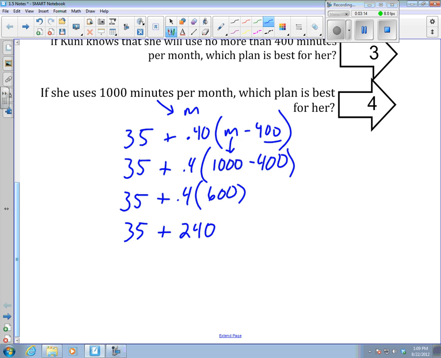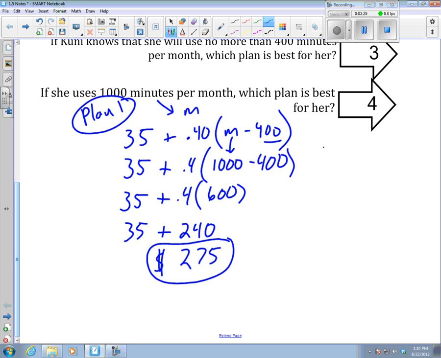So total cost is going to be $275 if she uses 1,000 minutes. This is for plan 1. I want you to figure out how much it's going to cost for plan 2, and then compare the two prices to see which is the best plan for this person.